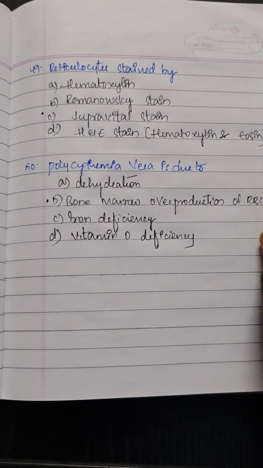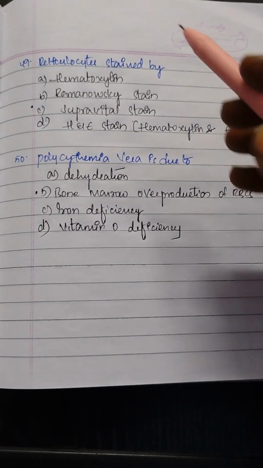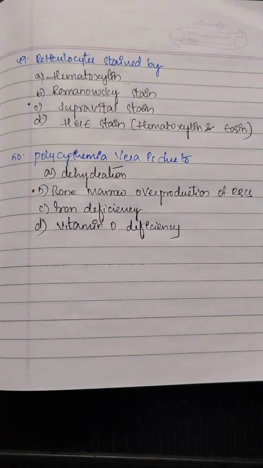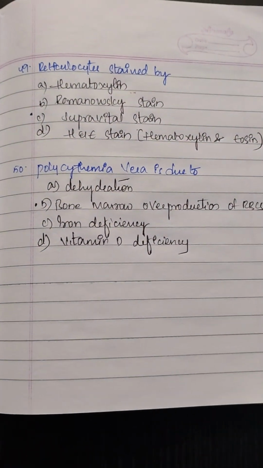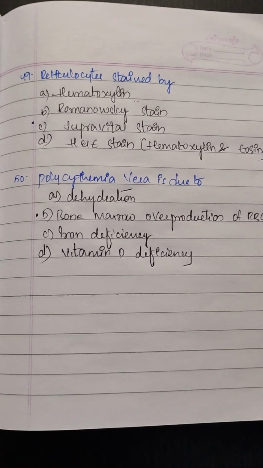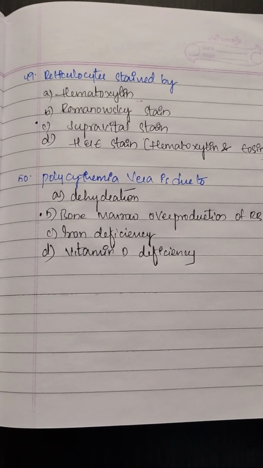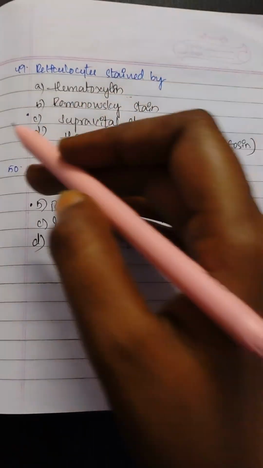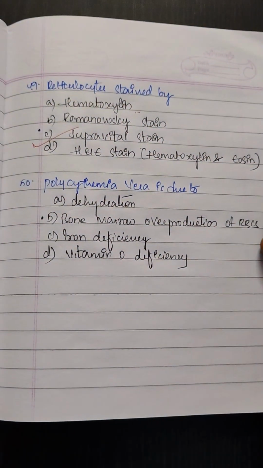Then the next question: reticulocytes are stained by hematoxylin, Romanowsky stain, supravital stain, or H&E stain. And the answer is supravital stain.